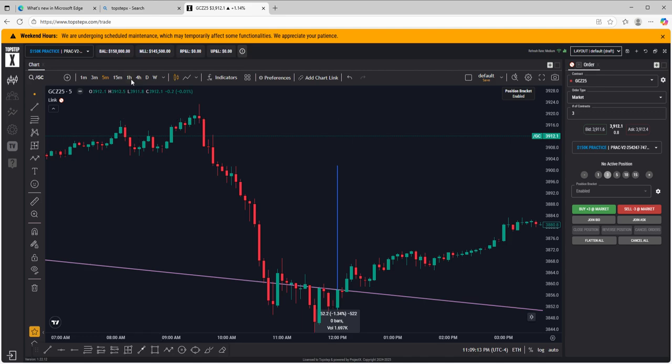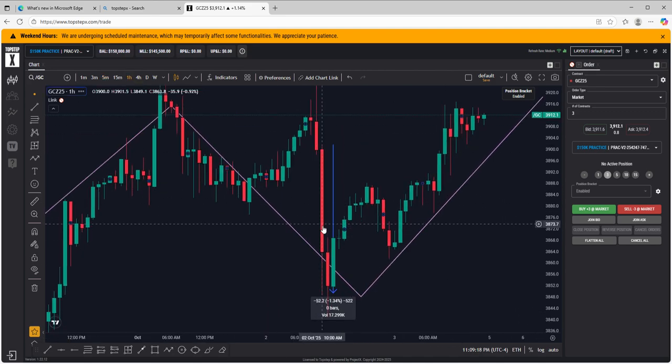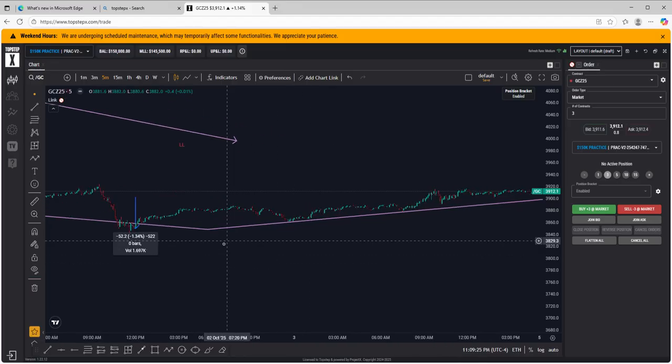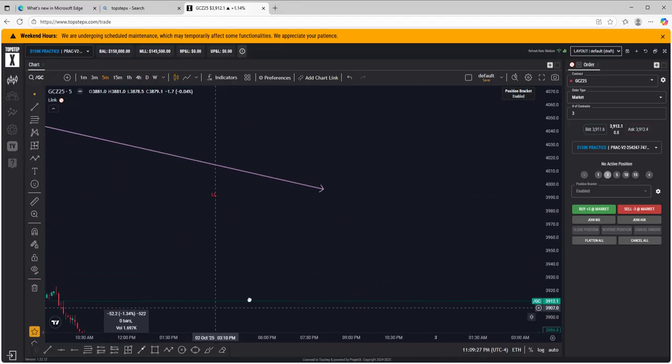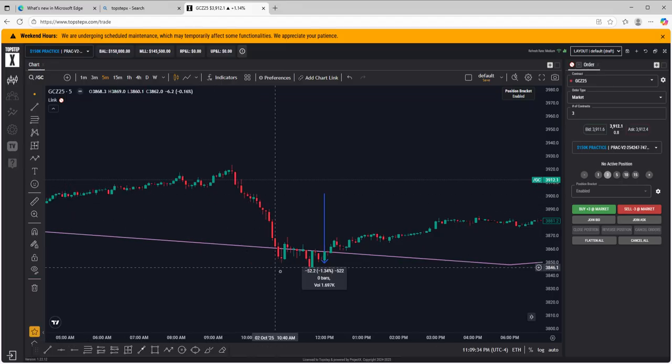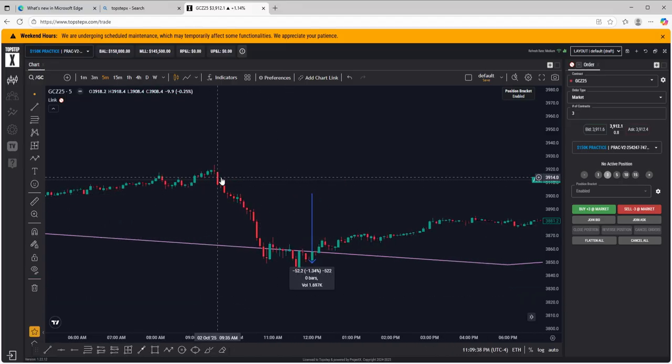Now, let's go back to our 1 hour. Our 1 hour is just showing one candle. But if you look at our 5 minute, we're just in a straight drop. All these candles just drop, drop, drop, drop, drop. We could see maybe candles pushing down, maybe 2 green candles push up, then push down again.